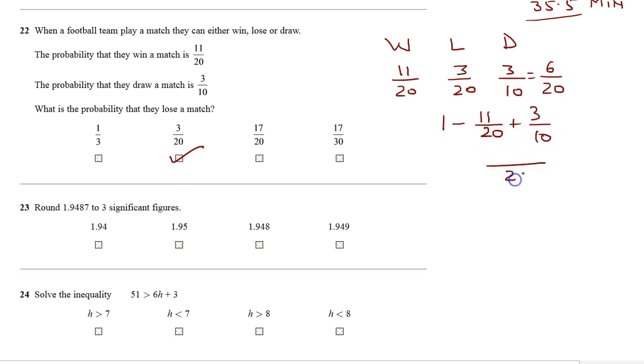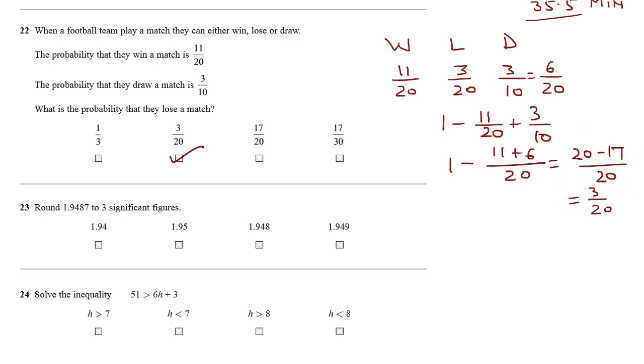Take LCM 20. This is 11 plus 6, so 20 minus 17/20, that is 3/20. This is a long method, but you will get the correct answer.